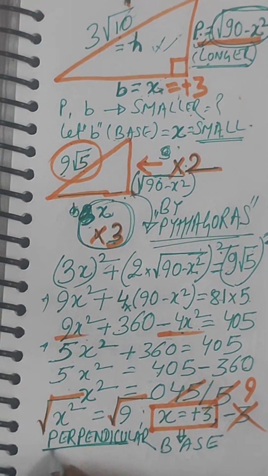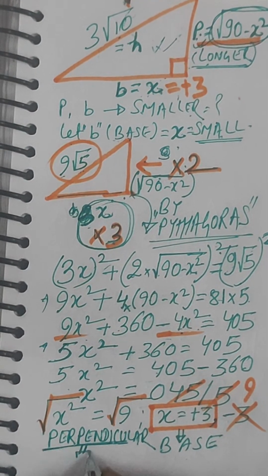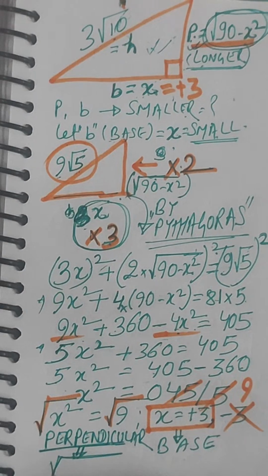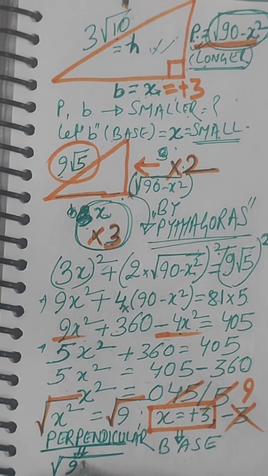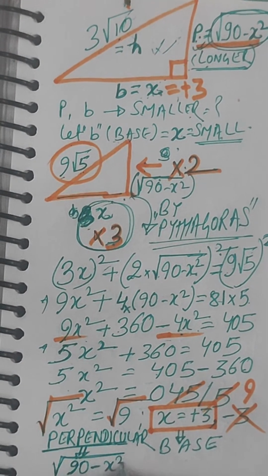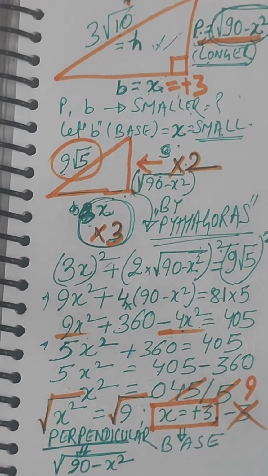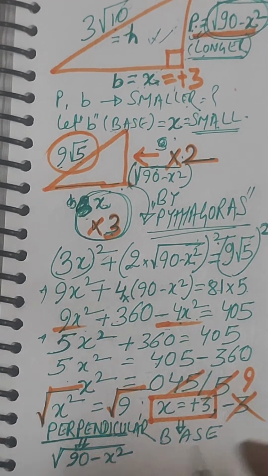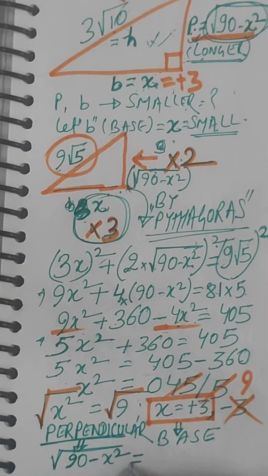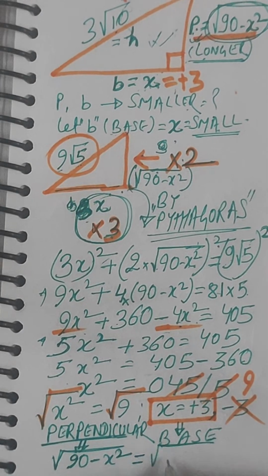So the perpendicular will be root over 90 minus x square.